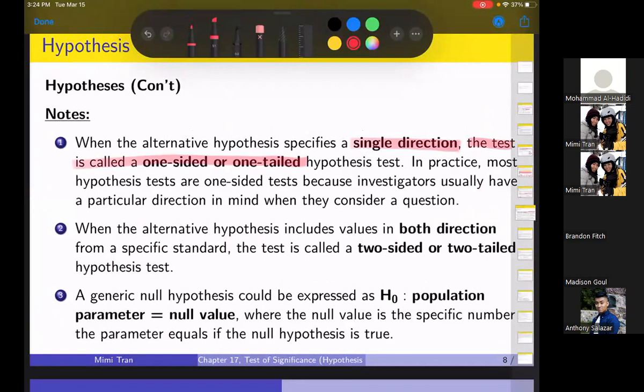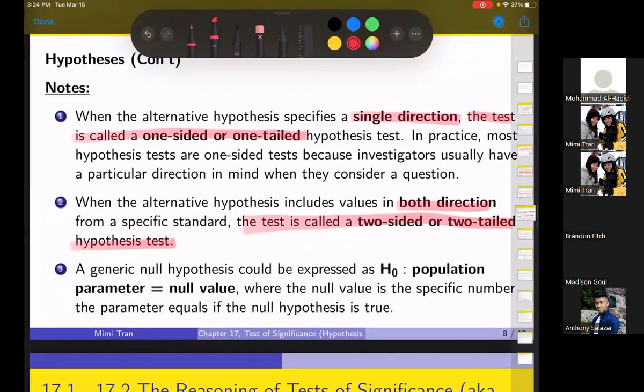If it's both directions, which I'm going to show you later, then the test is called two-sided or two-tailed. It's more like terminology. When I say two-sided, you're supposed to know that I'm talking about my HA being mu not equal to mu naught.